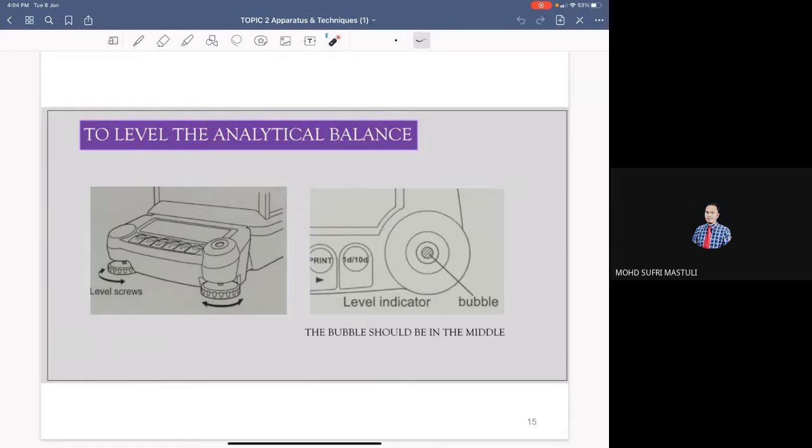This bubble, okay, it should be in the middle. If it's not aligned in the middle, we can adjust the screw under the balance to make the bubble sit in the middle, like this.